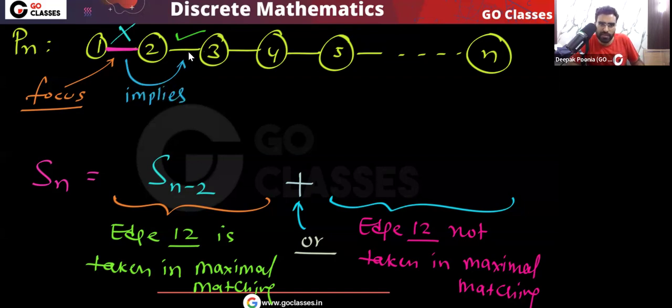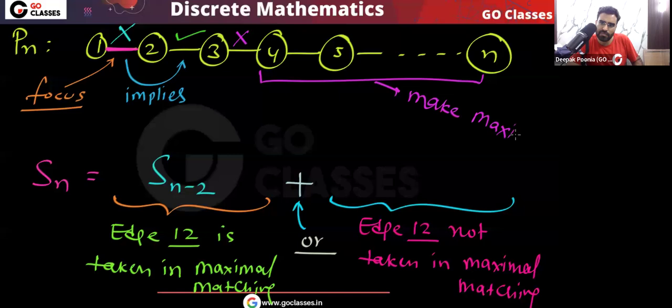Now remember, if I must take 2, 3, then I cannot take 3, 4. Now in this remaining graph, I need to make maximal matching. This remaining graph is the path graph on n minus 3 vertices.